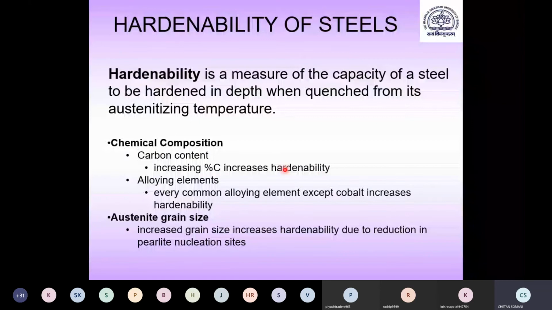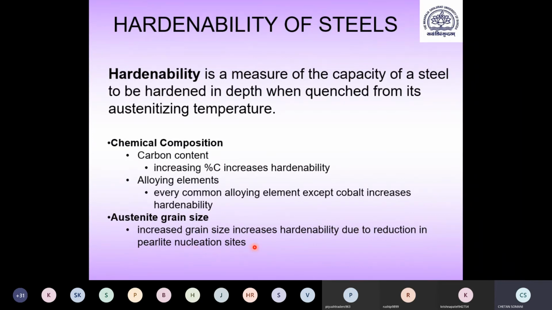Alloying elements: every common alloying element except cobalt increases hardenability. Austenite grain size: increased grain size increases hardenability due to reduction in pearlite nucleation sites.